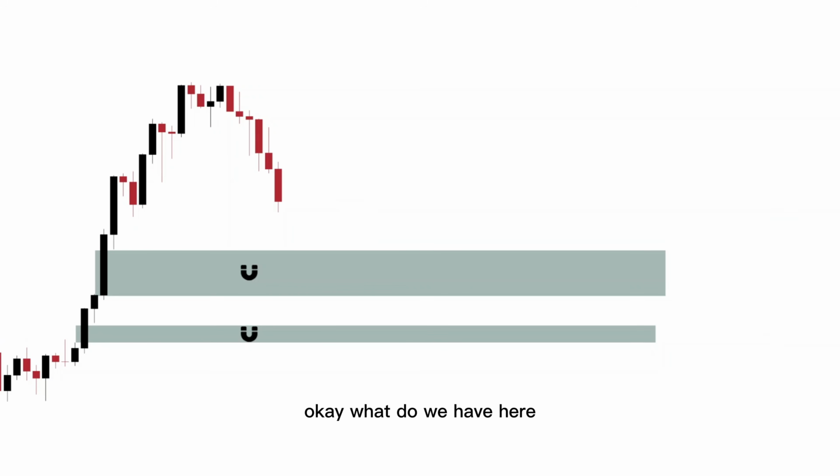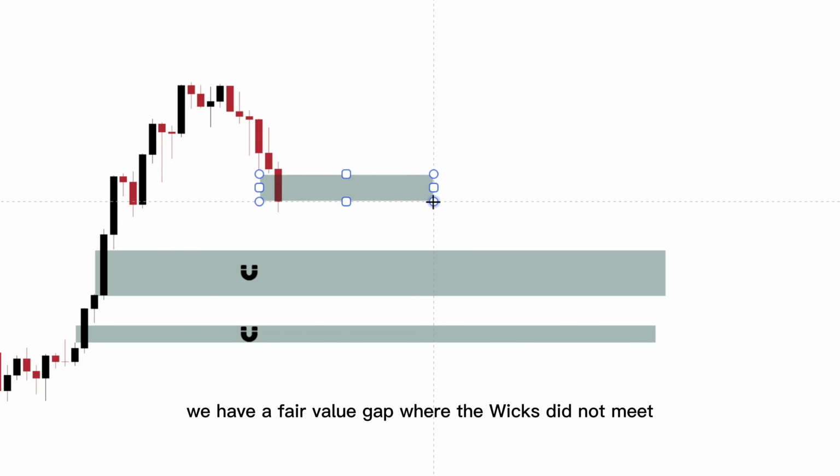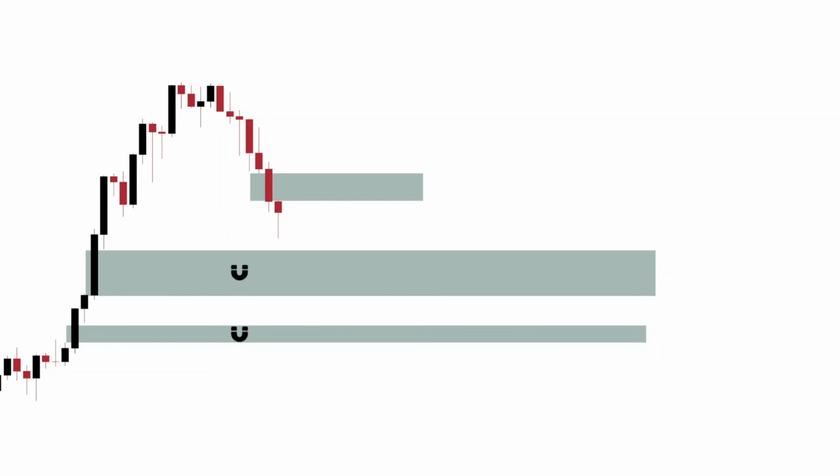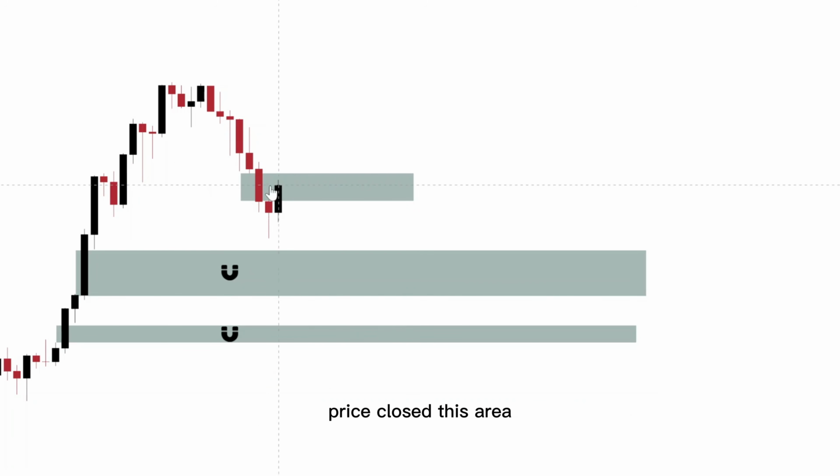Okay, what do we have here? We have a fair value gap where the wicks did not meet. What do we expect? We expect price to close out this area. Price closed this area.